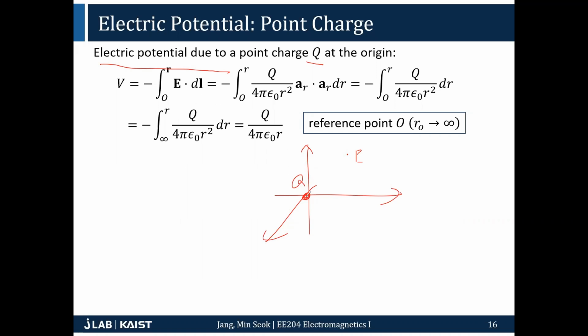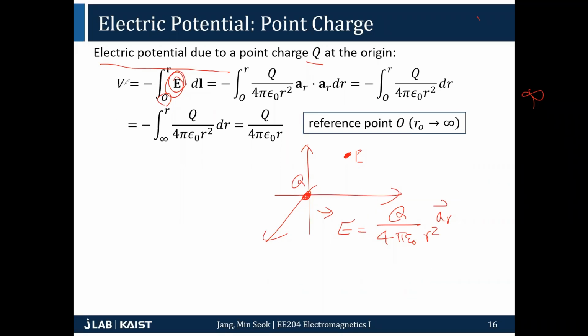Then you can integrate your electric field, the electric potential due to a point charge Q at the origin, from the reference point, which is infinity, to the point of interest, P. Your electric field can be obtained by Coulomb's law: E equals Q divided by 4 pi epsilon 0 r squared along the a_r direction.